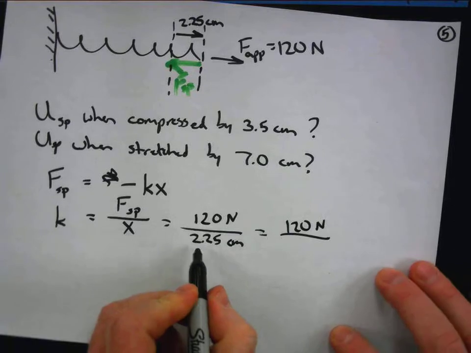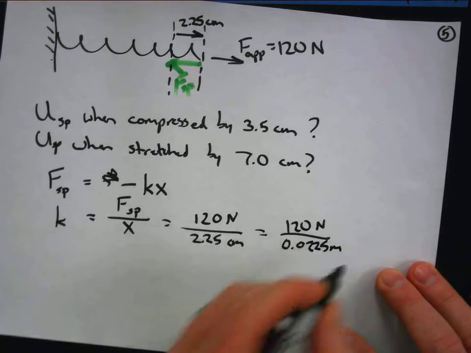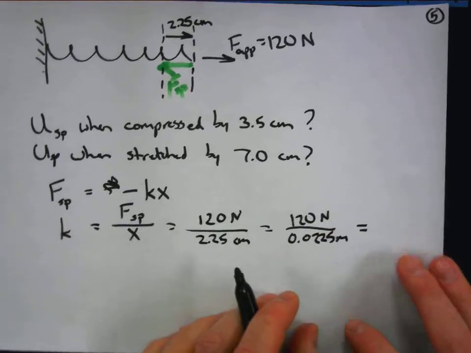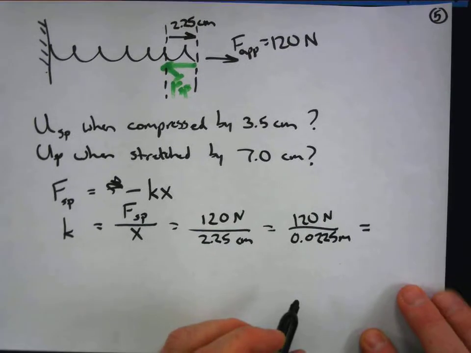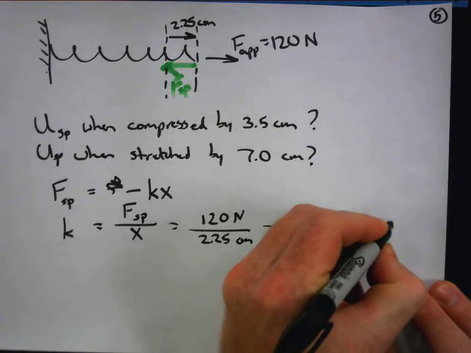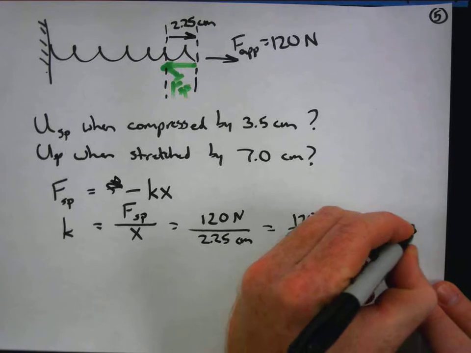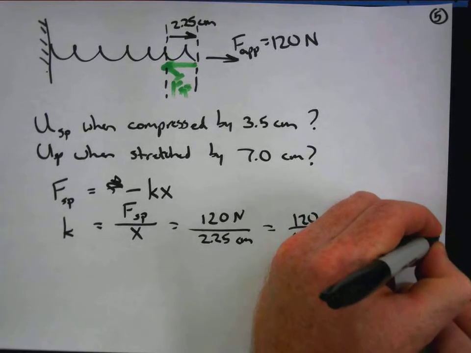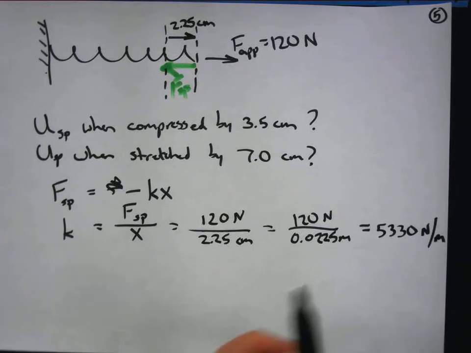So this is going to be 0.0225 meters. All right. We have a spring constant of 5,330 in round numbers, newtons per meter. There's a value for k. Awesome. We're going to need that.